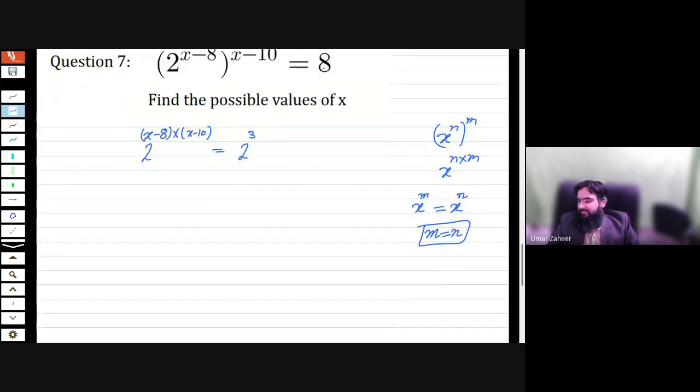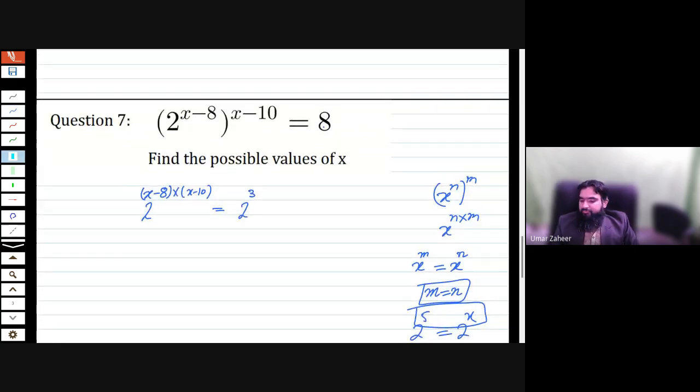For example, we have 2 raised to power 5 is equal to 2 raised to power x. So we can conclude that x is equal to 5. Since the bases are the same and we have the equality sign, their power must be equal. Is it clear?